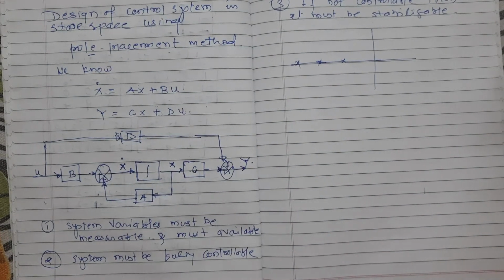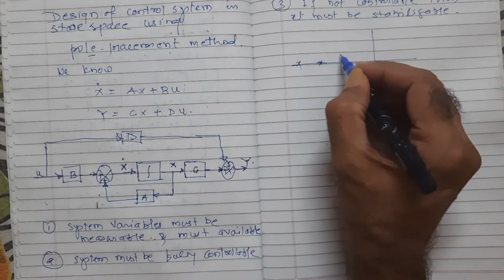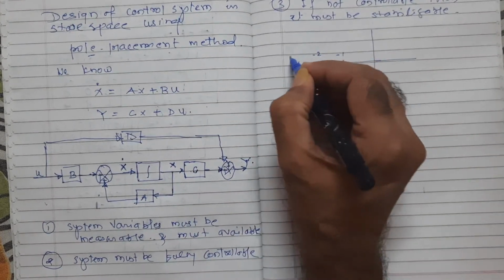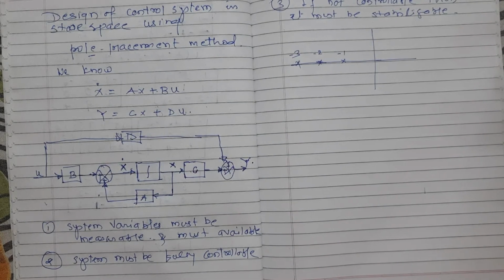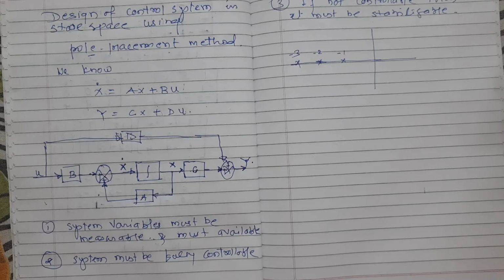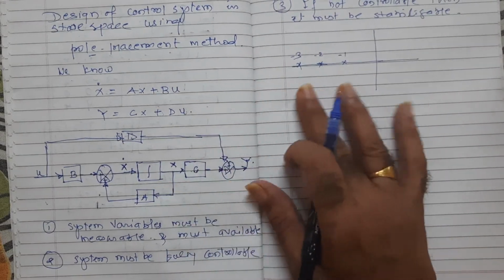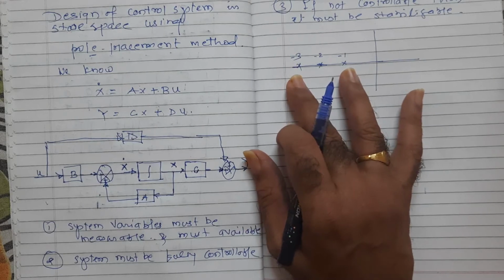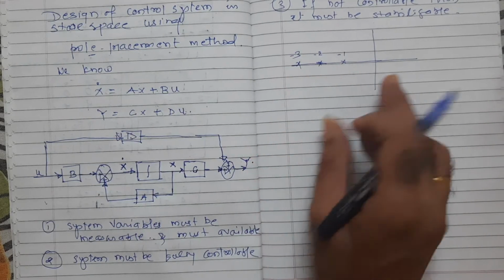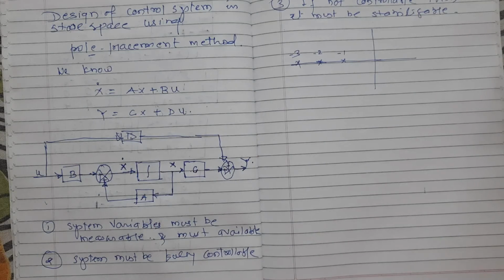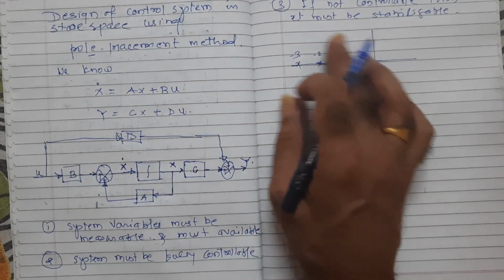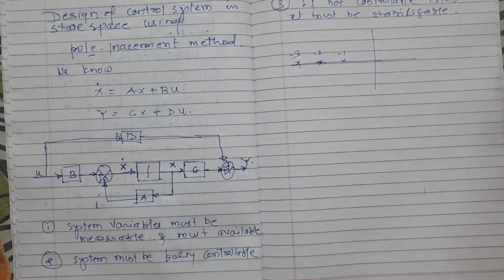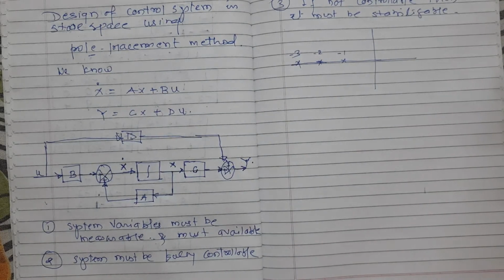Now let us say this is -1, -2, and -3. These are my three poles, the poles of the system. So my system is completely stable. My system is also controllable, as well as stabilizable, at least.